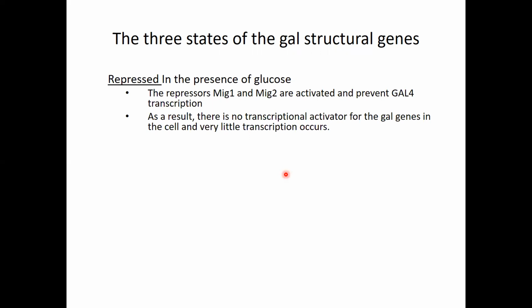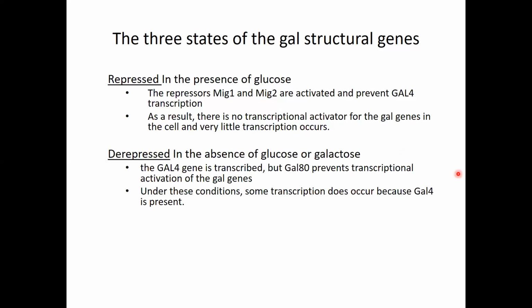When they are activated, they prevent GAL4 transcription, and that results in no transcriptional activators for the GAL genes in the cell, and very little transcription ends up occurring. Then you have another state called de-repressed.